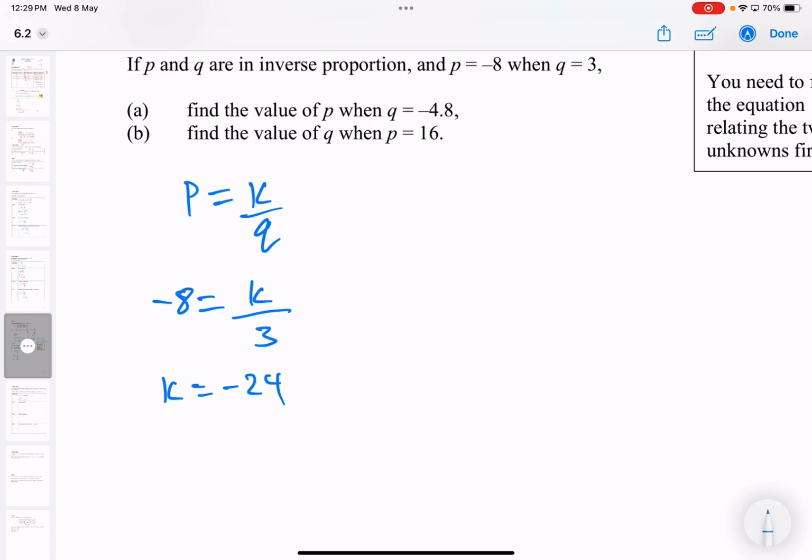Okay, for part A, yes. Negative 24. Yeah, correct. And you guys got to try, don't just wait for my answer.